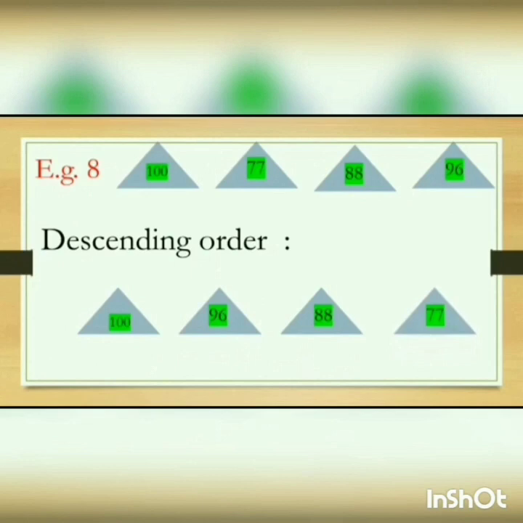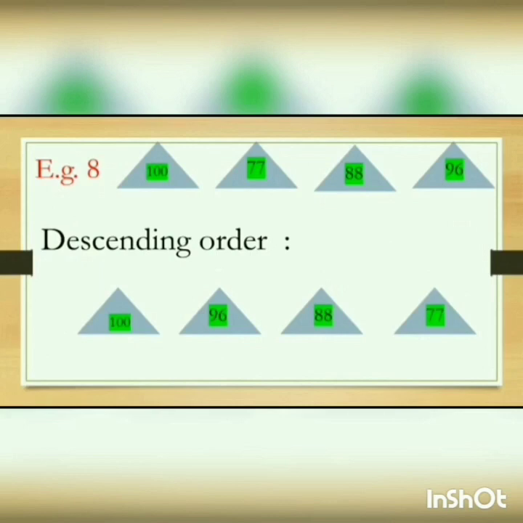Example 8. Here are some numbers given to you. Let's read the numbers: 100, 77, 88, 96. We have to arrange these numbers in descending order.